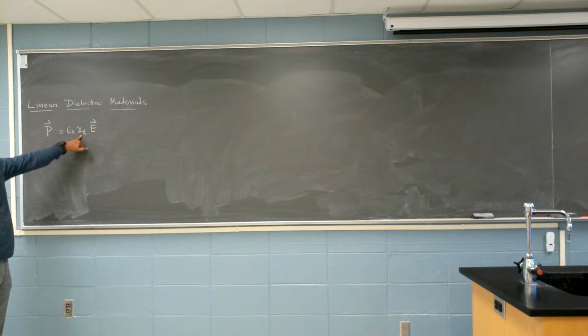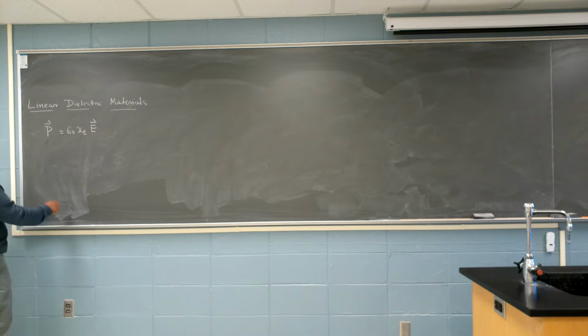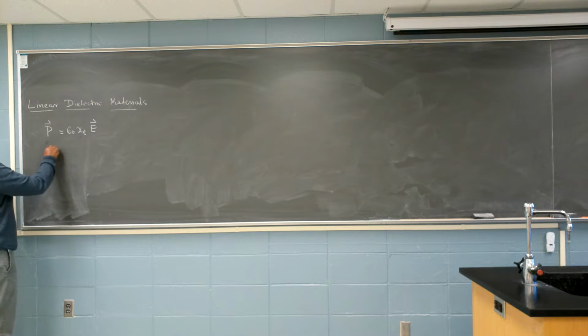What was the name of this constant? Can't recall all of a sudden. Susceptibility. Yeah, correct. Thank you. Okay. And then we could define a displacement vector.